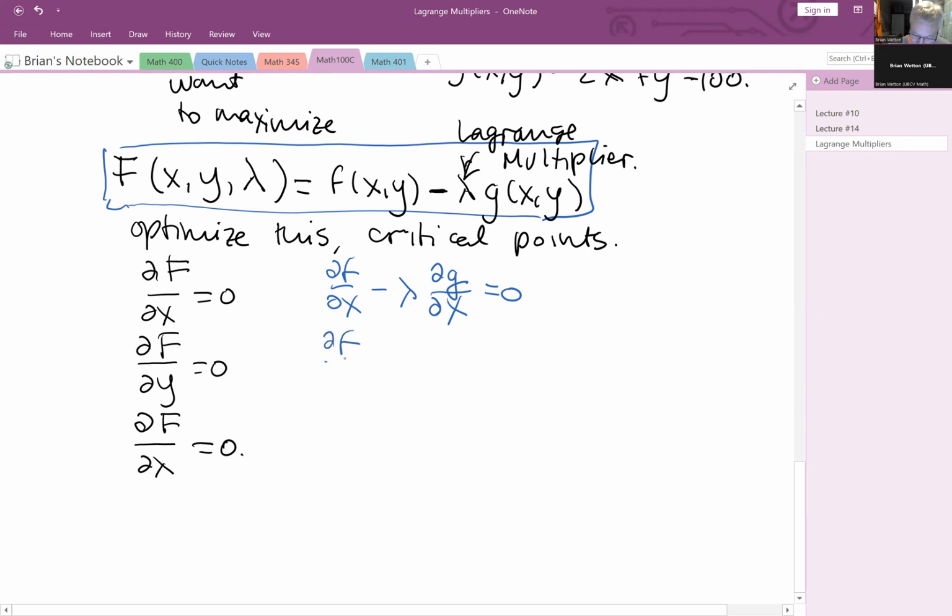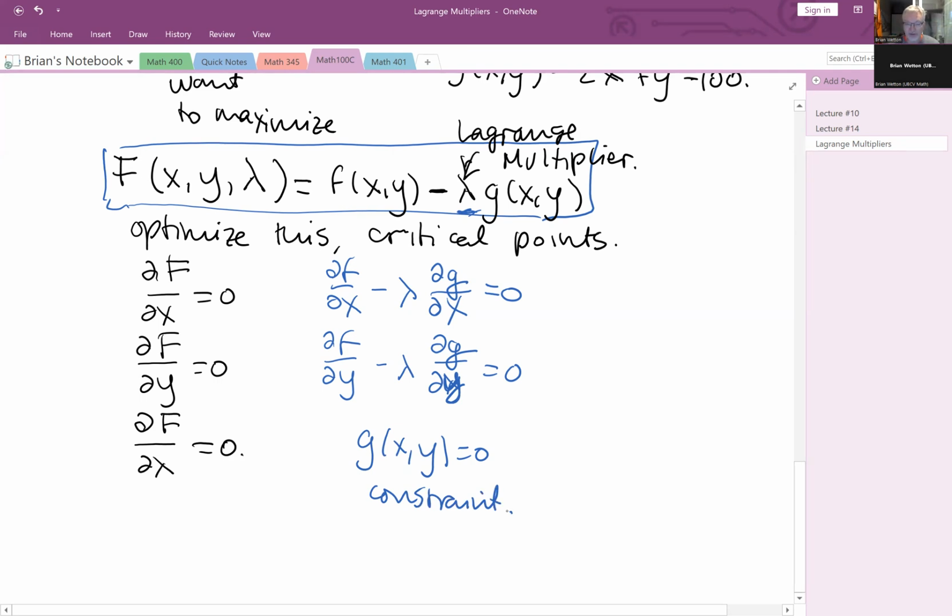I get the partial derivative with respect to y of little f minus lambda times the partial derivative with respect to y of the constraint. And then when I take the partial derivative with respect to lambda, remember x and y are constant, I just get g of x and y is 0. So this is the constraint. And that's good. Whatever comes out of this is going to be a point that's on the constraint, which it has to be. That's part of the problem.